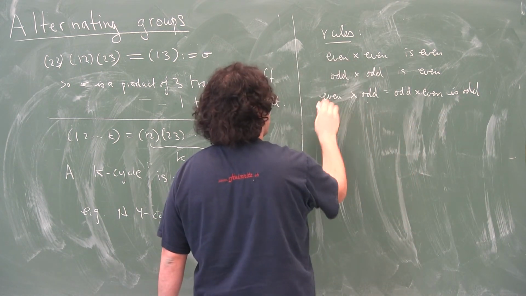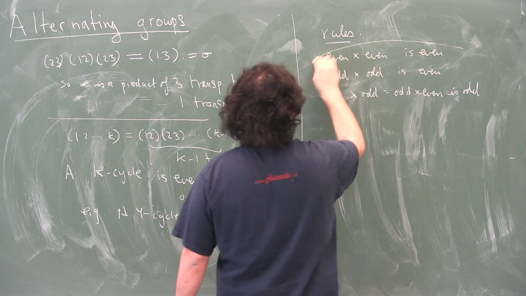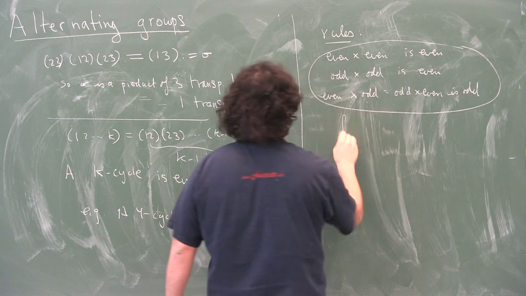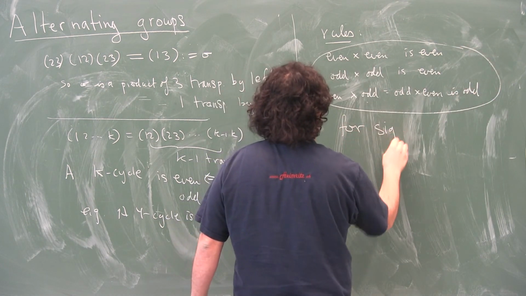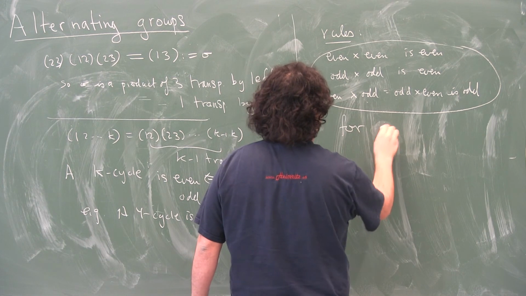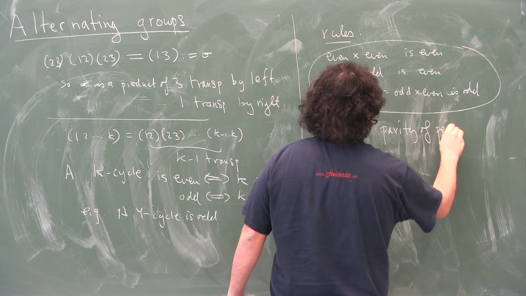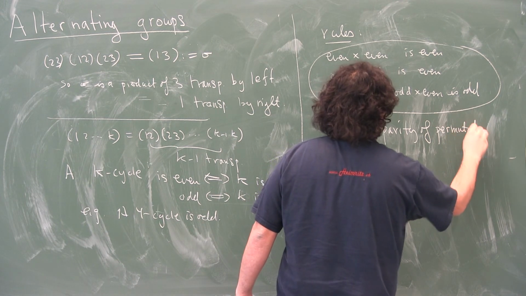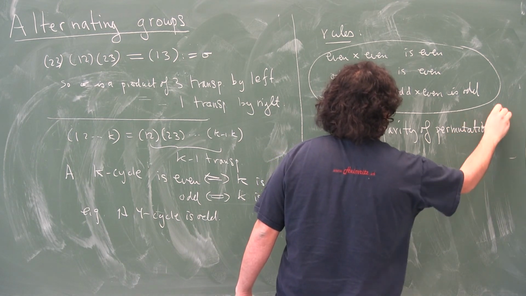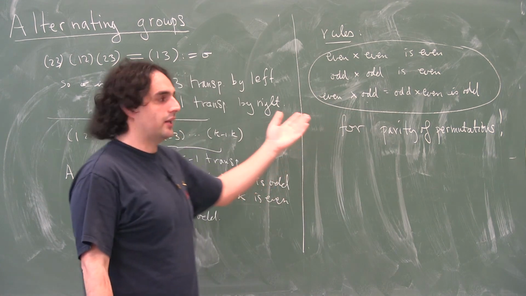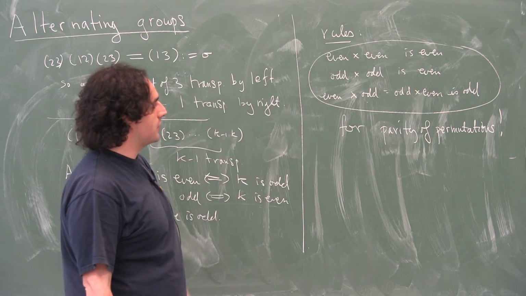So this is for parity of permutations. This is not for multiplying integers, obviously.